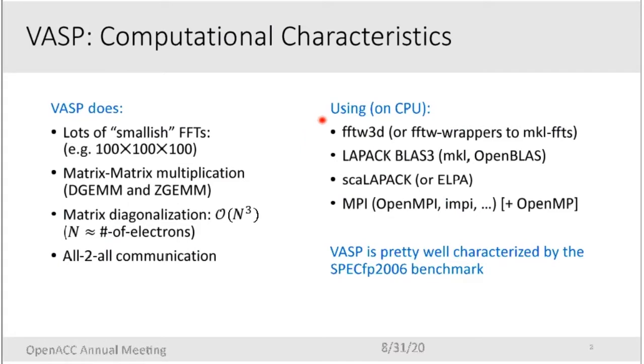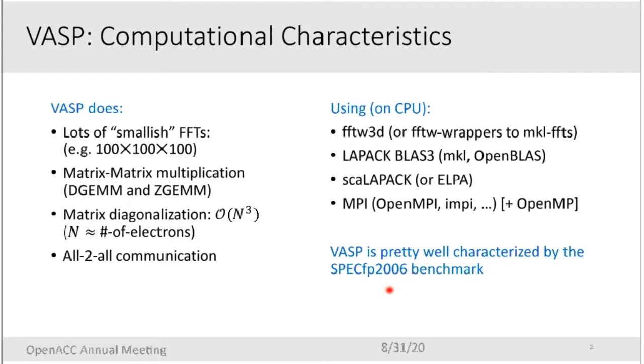For FFTs we use FFTW or the FFTW wrappers to MKL FFTs. Matrix-matrix multiplication is done by BLAS level 3 routines, diagonalization is taken from ScaLAPACK mostly, and communication is done using MPI. A bit of OpenMP is involved as well. So VASP is pretty well characterized by the SPECFP benchmarks.